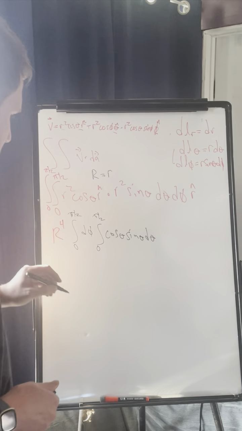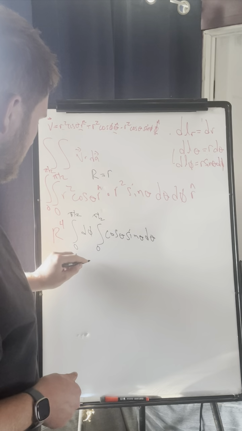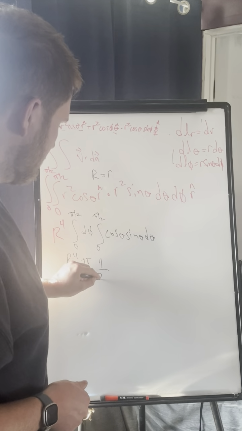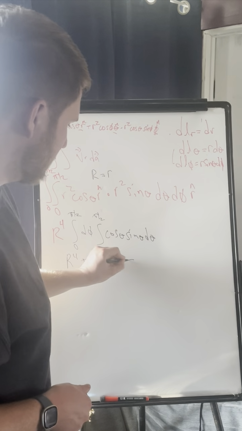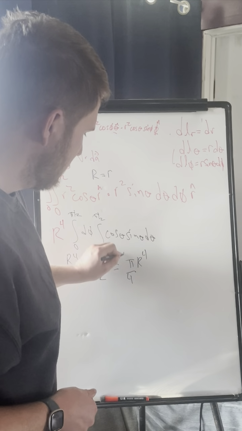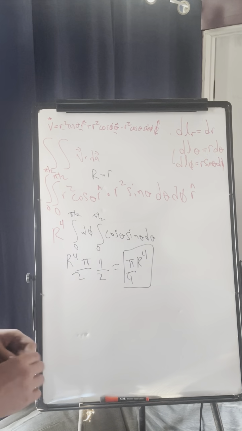And we've done this integral already. It's r to the 4th times pi over 2, and then this is 1/2, so we get pi r to the 4th over 4. And that's for the one integral.